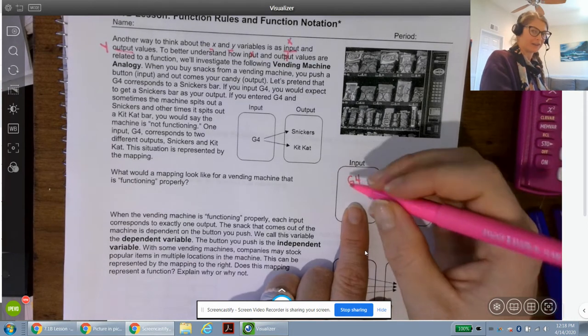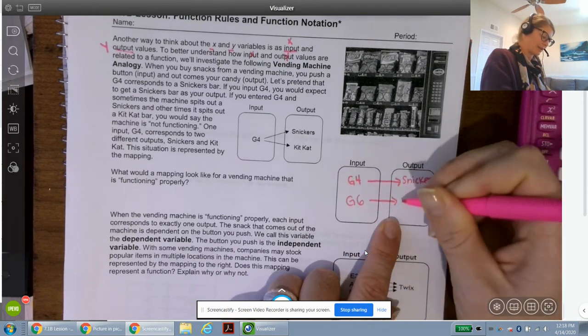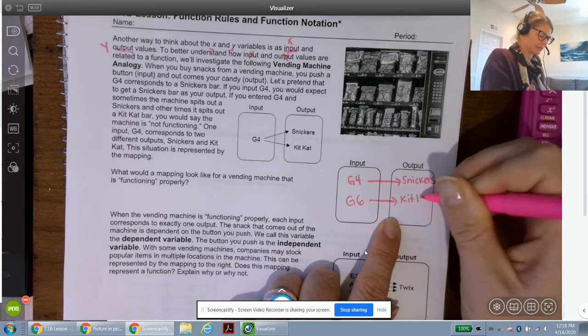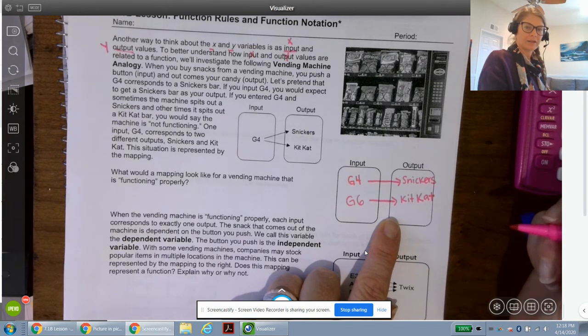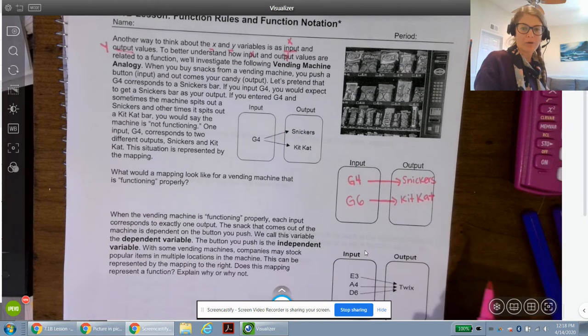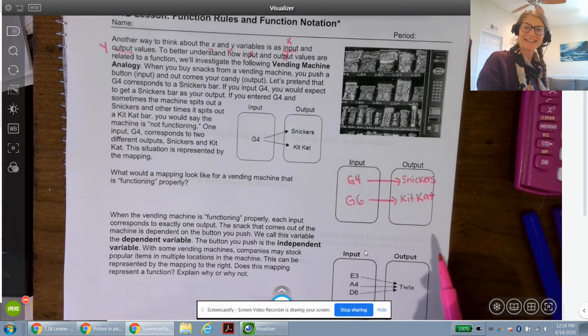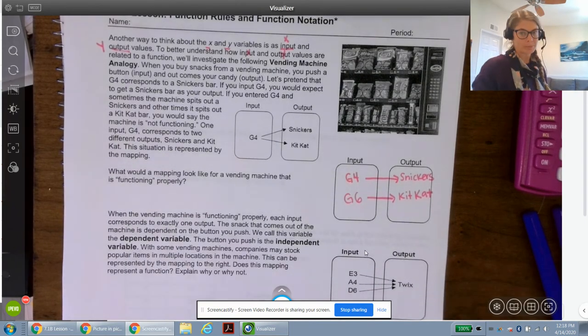And maybe you had a different input, like a G6, and that corresponded to a Kit Kat. So each input corresponds to exactly one output, meaning yes, this is a function. The machine is functioning properly.